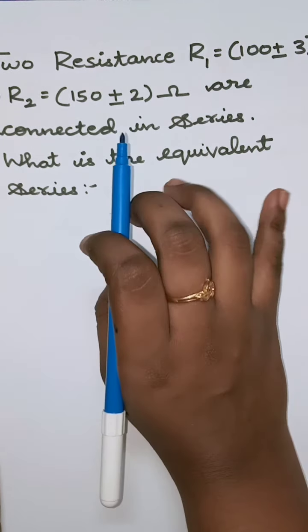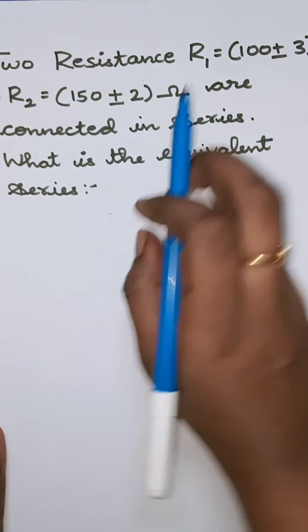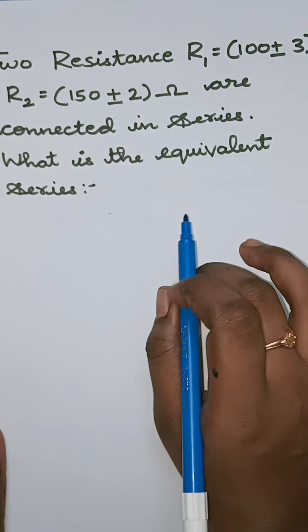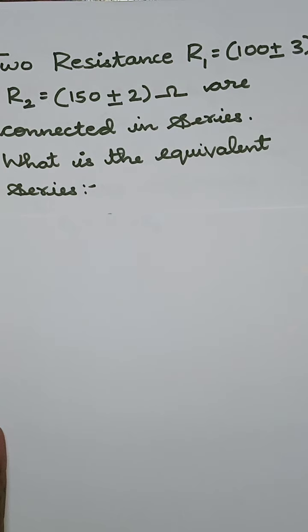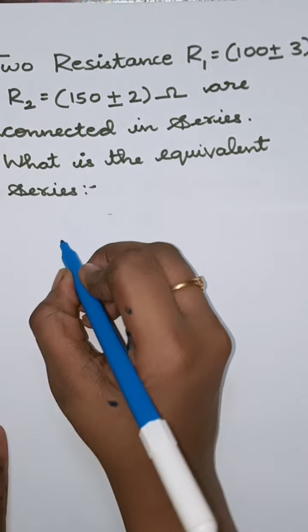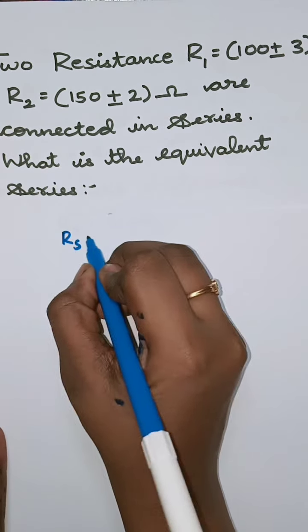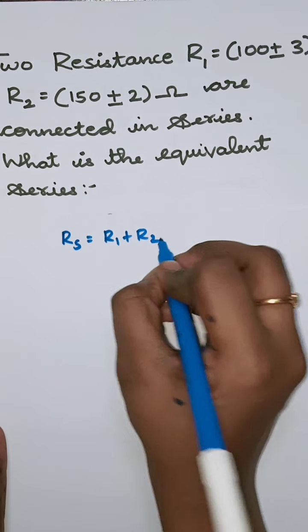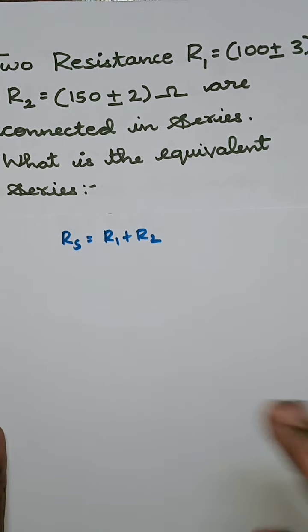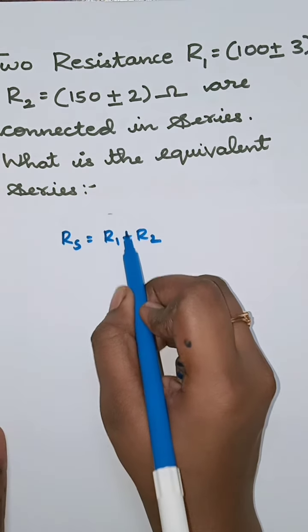So how to solve the problem? First, you have to identify which category it belongs to. How will you identify? Simple trick, students: you have to know the formula. The formula for equivalent resistance is Rs is equal to R1 plus R2. Once you find the category, you can solve the problem.